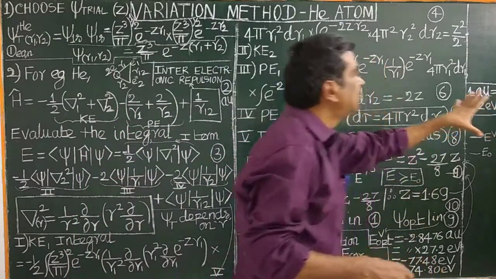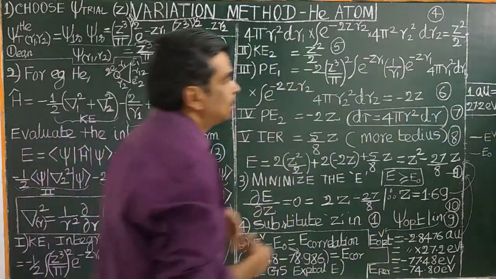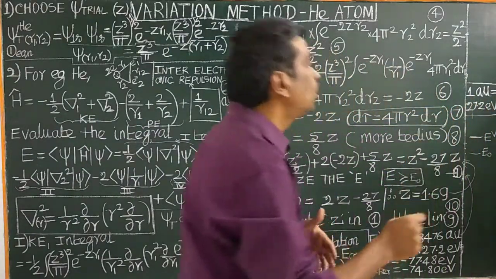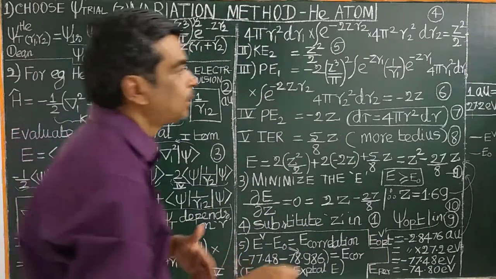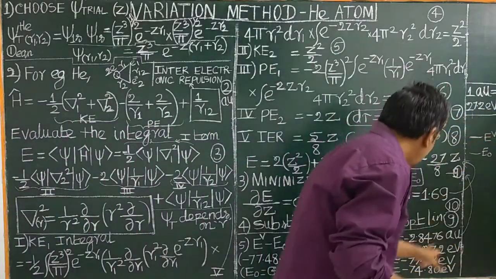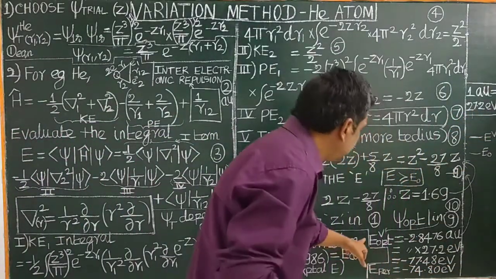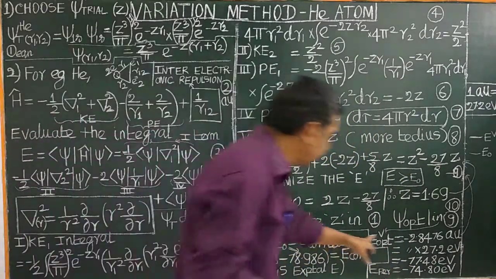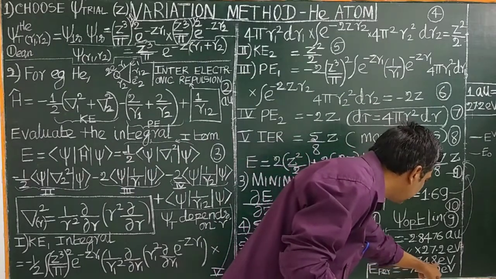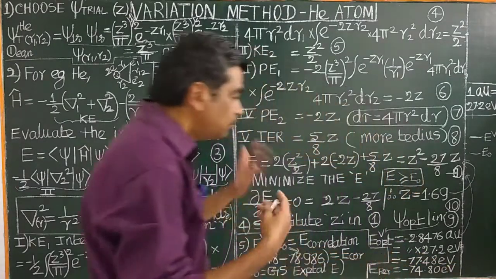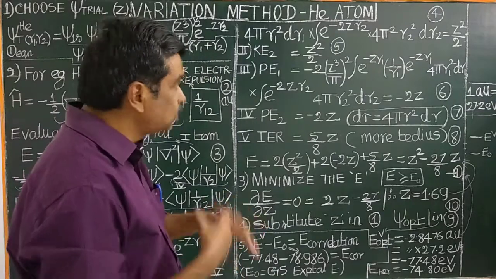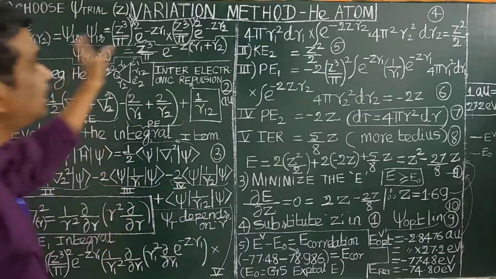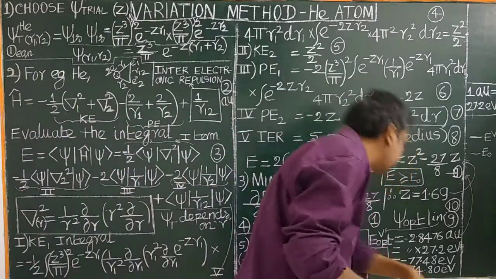One atomic unit, according to atomic physics or computational chemistry, equals 27.2 electron volt. On substituting here, the variation energy obtained for the ground state of the helium atom is minus 77.48 electron volt. Using first order perturbation theory, similarly we can obtain the ground state energy.